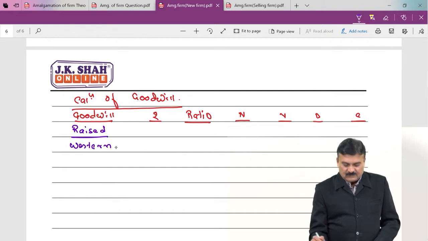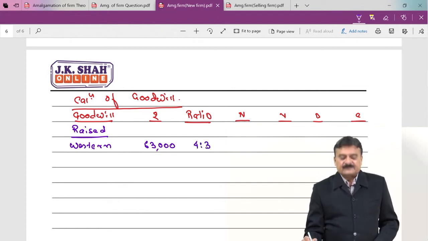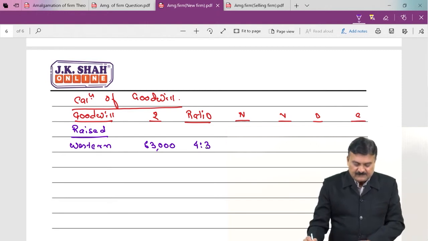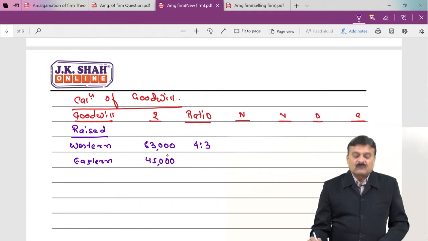In Western Trading the goodwill was 63,000. The ratio was 4:3. Then in the second firm there is Eastern. It was raised by 45,000. What was the ratio?